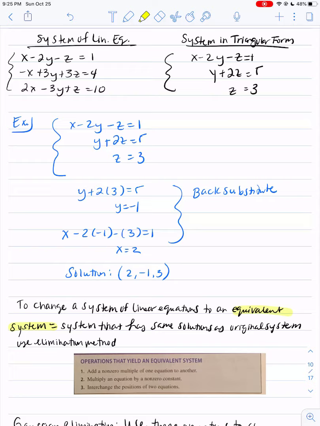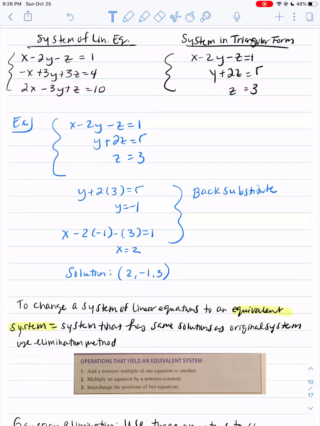I'm going to take the same system as my example: x minus 2y minus z equals 1, y plus 2z equals 5, and z equals 3. I'm going to back substitute. I plug z equals 3 into my second equation, so I have y plus 2 times 3 equals 5, so y equals negative 1.